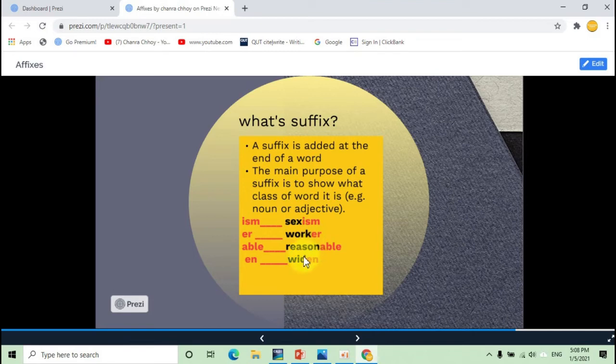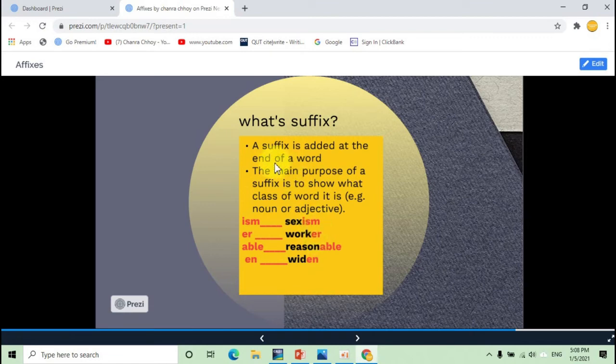And widened, wide and dent, so something is wisely. So that is all we add at the end of the root words sex, work, reason, and wise.